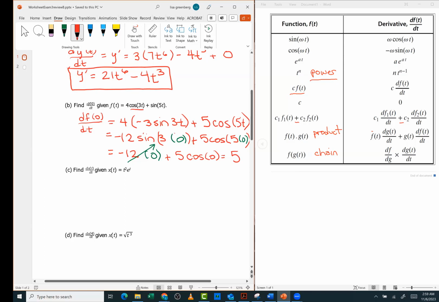C, the derivative of this function x of t with respect to t. Now this one you have to be very careful about because this is the product of two separate functions, t squared and e to the t.